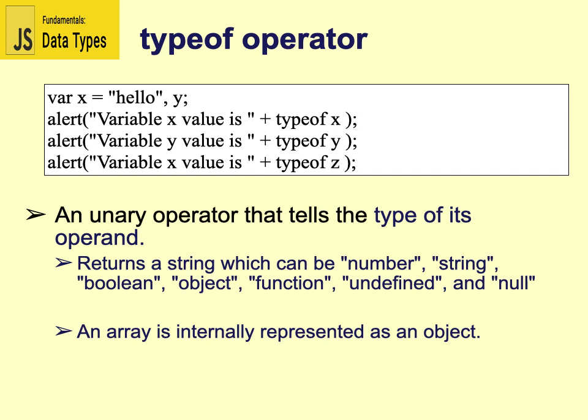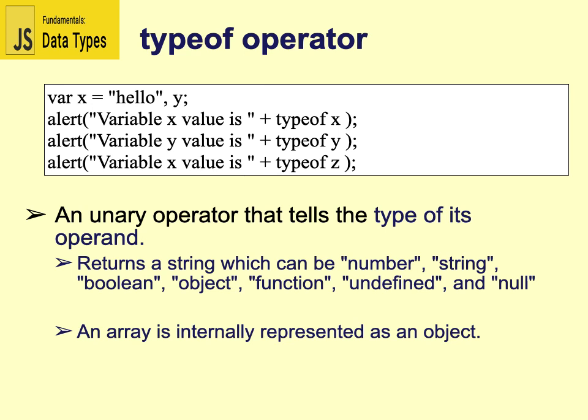So here, a unary operator that tells the type of its operand is typeof. That operator, the unary operator name, is typeof. It retains a string which can be number, string, boolean, object, function, undefined and null. So in the first case x retains a string. An array is internally represented as an object.